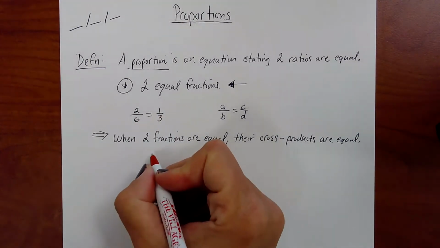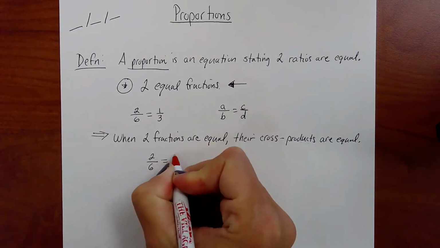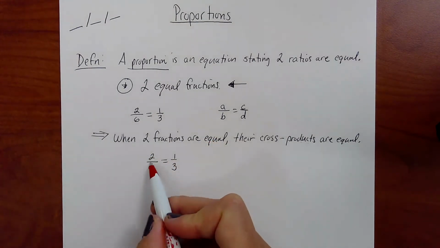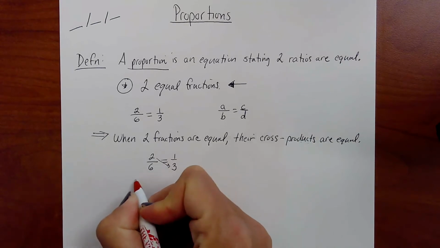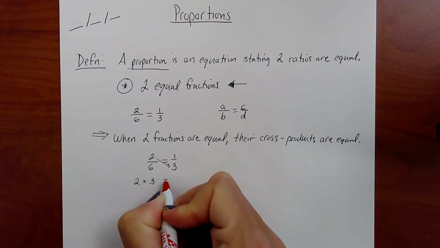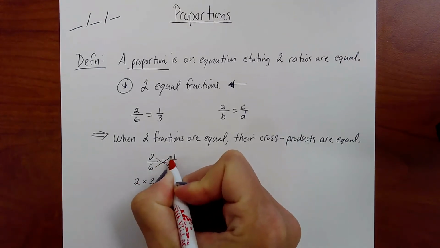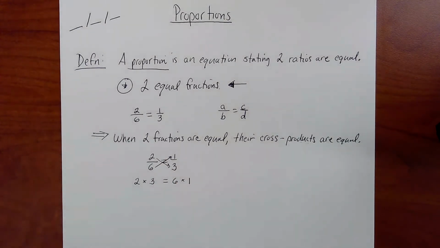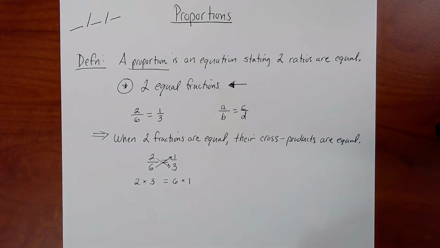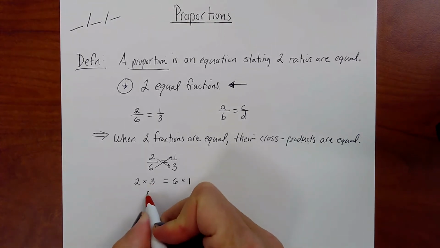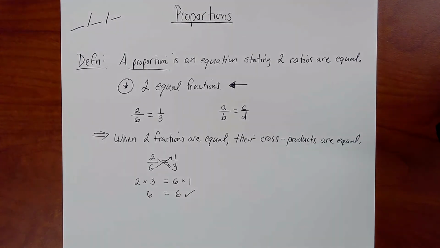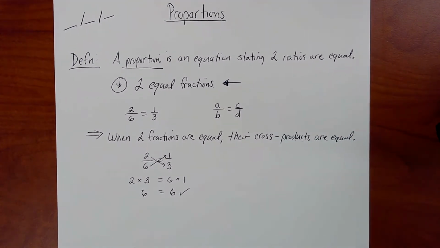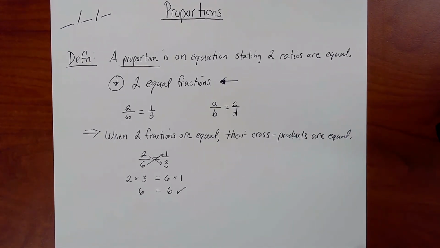So let's take this top example here. We know that 2/6 equals 1/3. That's true. Check out their cross products. 2 times 3 is supposed to equal the other cross, 6 times 1. Does that actually work? 2 times 3, yes. 6 times 1, boom. And that works with any two equal fractions.